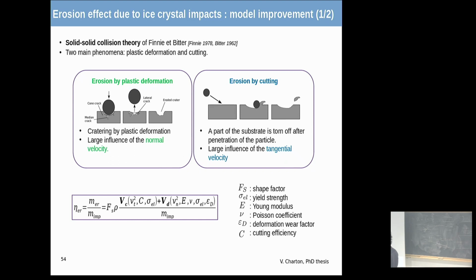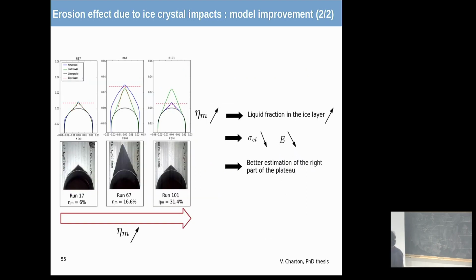So for the efficiency of the erosion, we have the classical tangential term here, plus the one due to normal deformation. And what has been observed is that, for instance, for the right part of the plateau, it was very bad with the previous model, and now it's quite good, taking into account the normal component of the velocity.